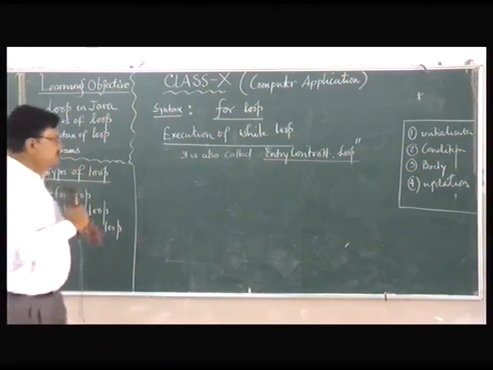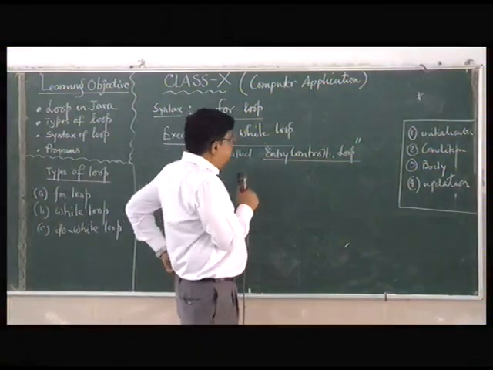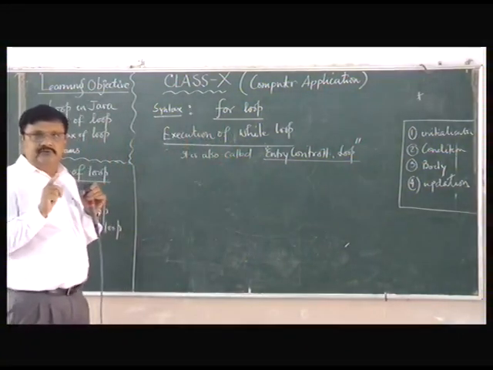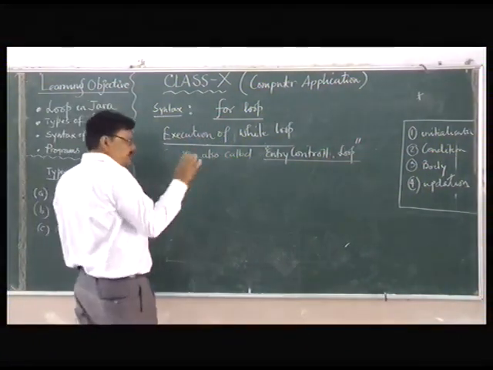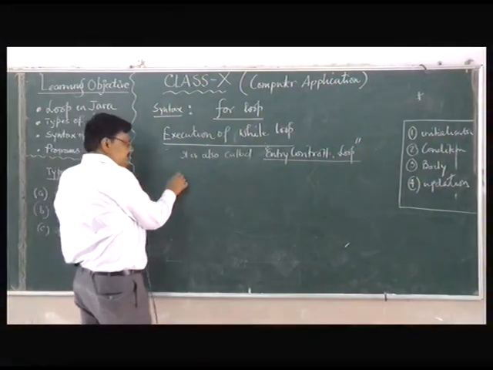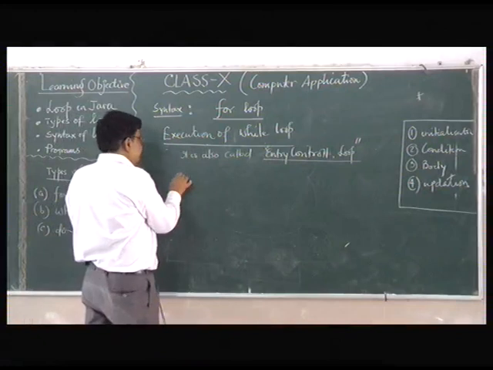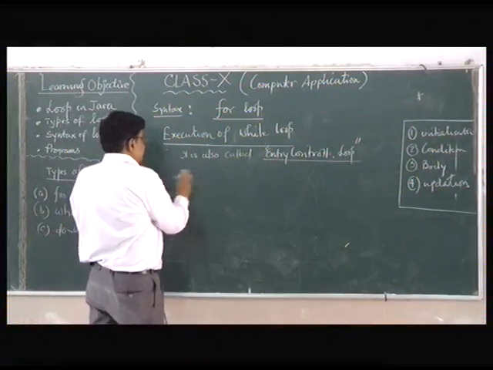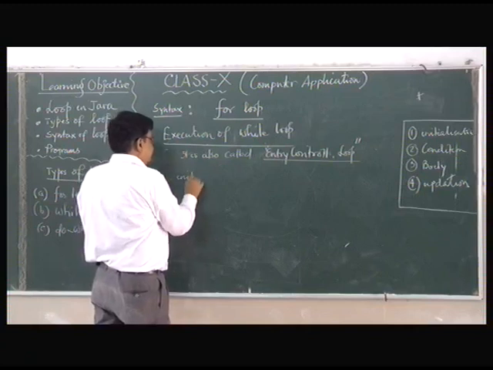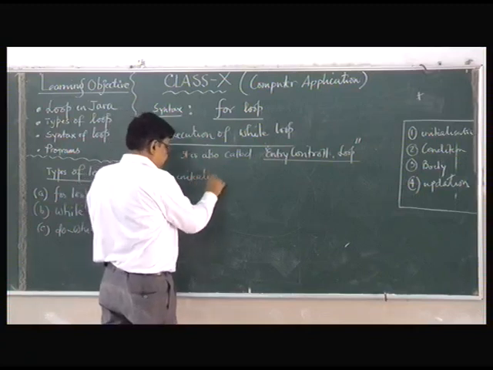Okay. Now let us discuss this entry control loop. How are you going to write an entry control loop? Now, same thing, we'll explain in the same way. First is the initialization. Please look here only. So first you write the initialization.